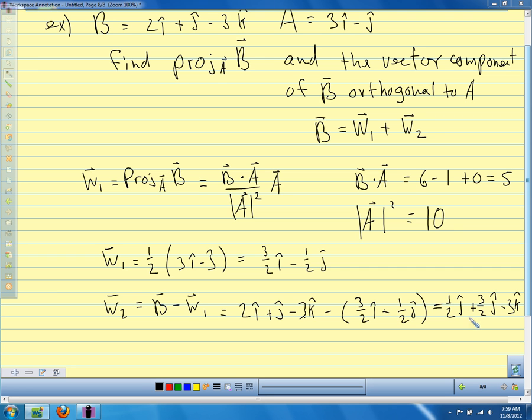The dot product with W2 needs to come out to 0, which guarantees it's orthogonal. And our third check is we could add W1 and W2, and we should end up with B, which in this case we do.